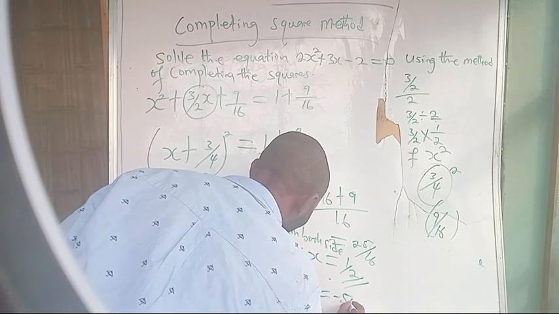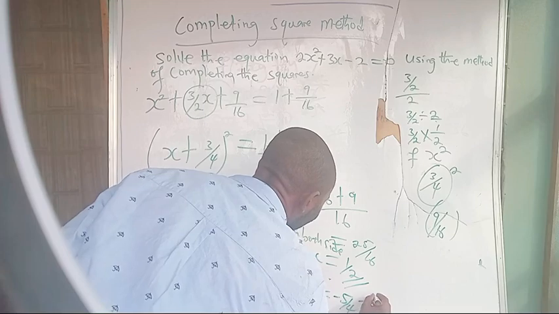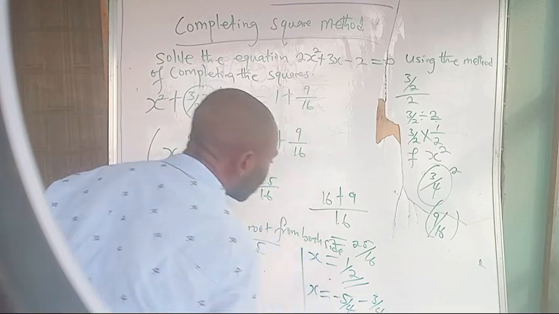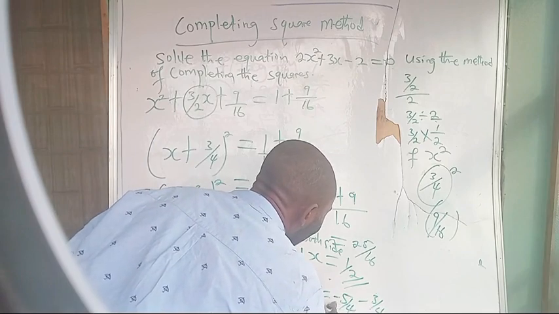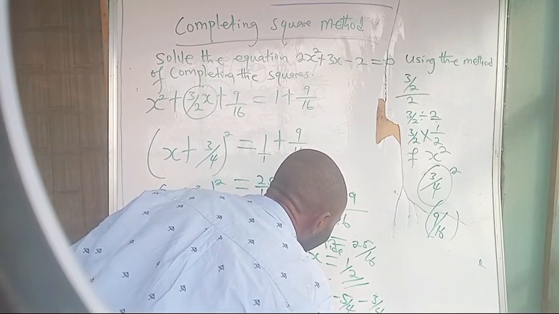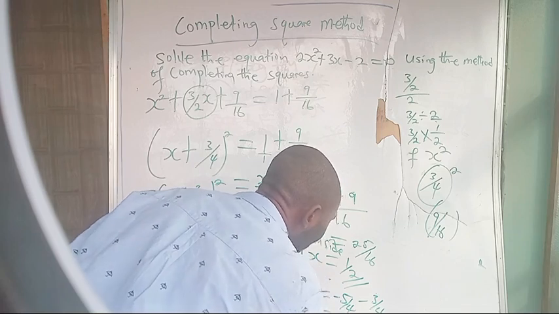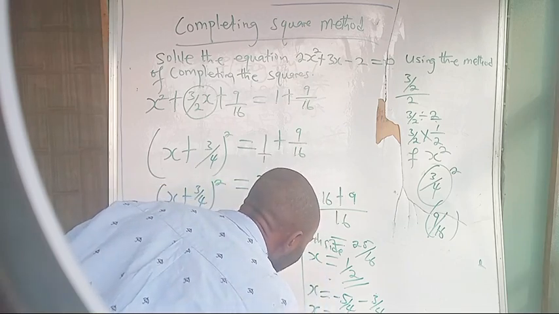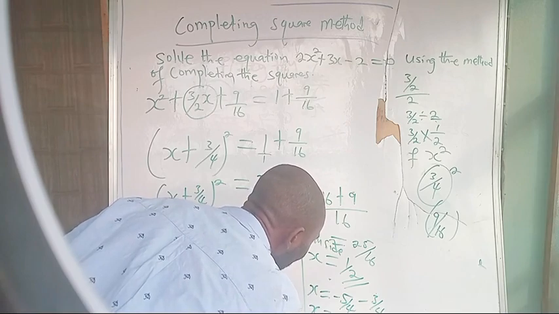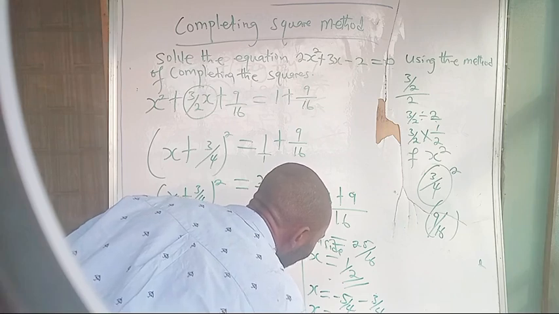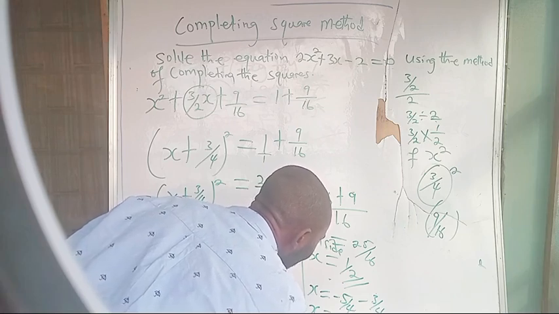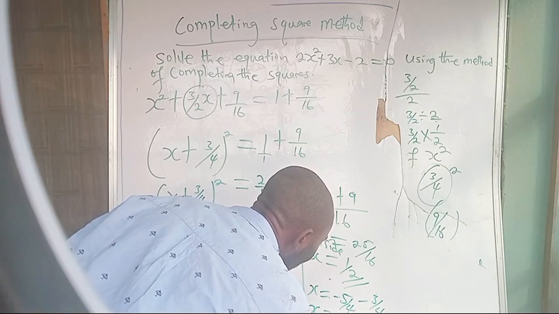minus 5 all over 4 minus 3 all over 4. x is equal to minus 5 minus 3, that is minus 8 all over 4. And this is the same thing as dividing: 4 into 8 is minus 2, and 4 into 4 is 1.